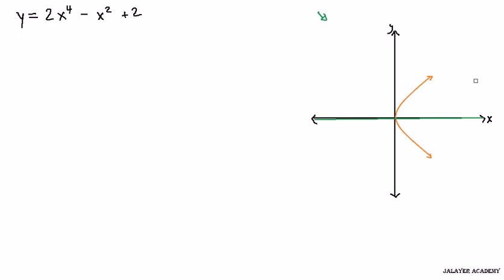And here we're talking about symmetry with respect to the y-axis. So what we mean here is quite a similar thing, but going in the opposite direction along the x-axis. So something like this.